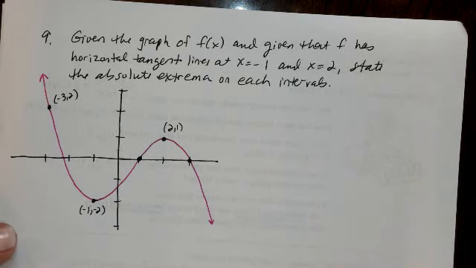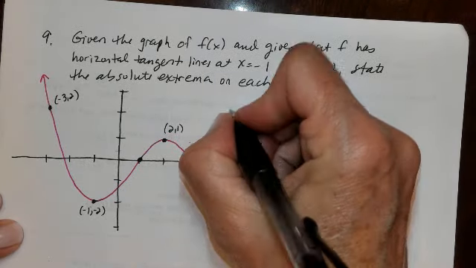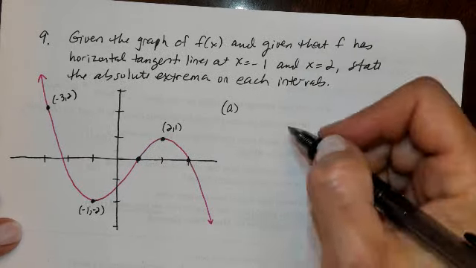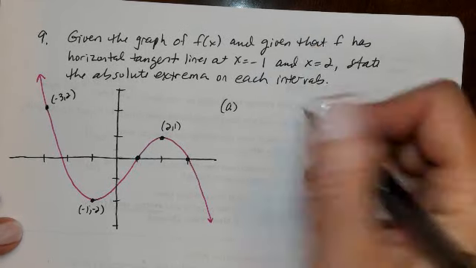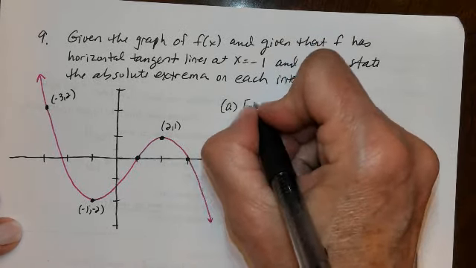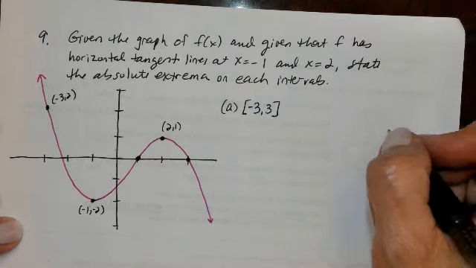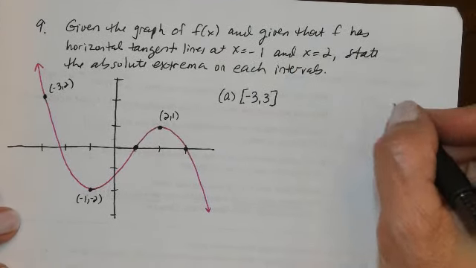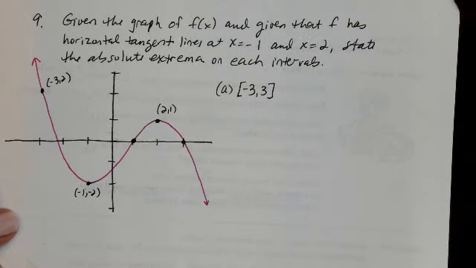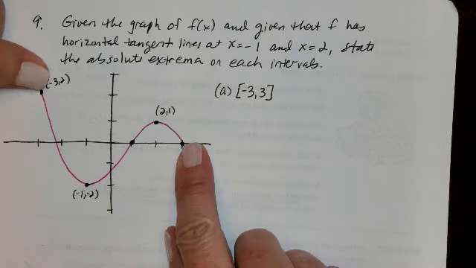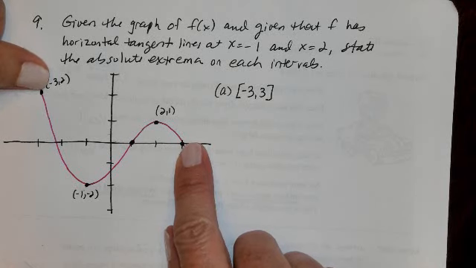All right. So let's see. On part A, I want you to find the absolute max and the absolute min on the closed interval from -3 to 3. So from here to here, ignore what I'm covering up.